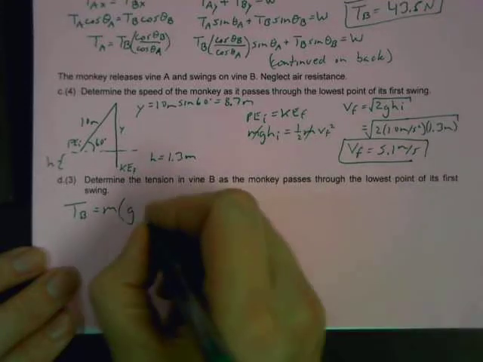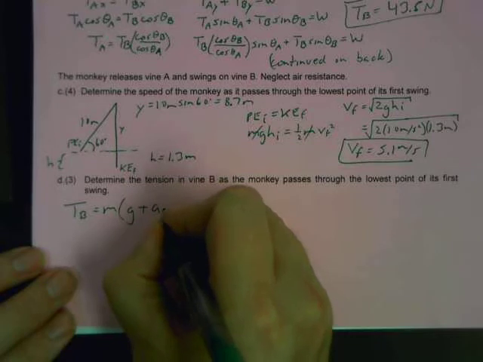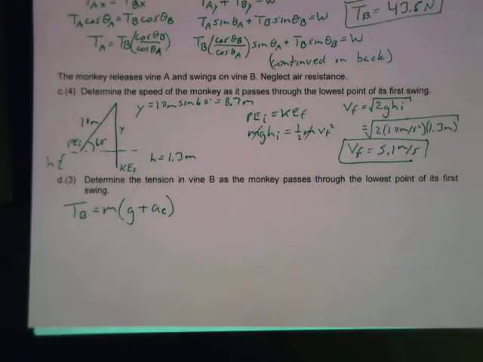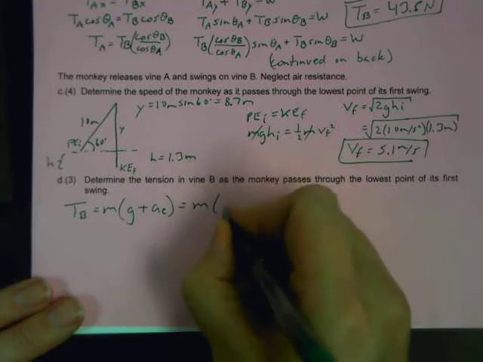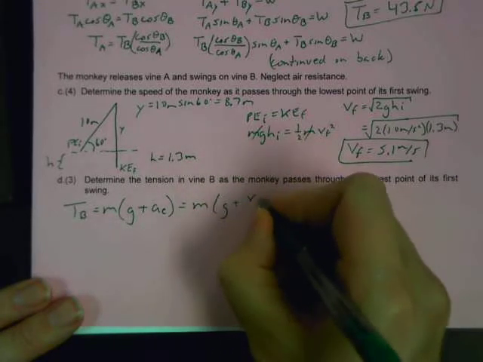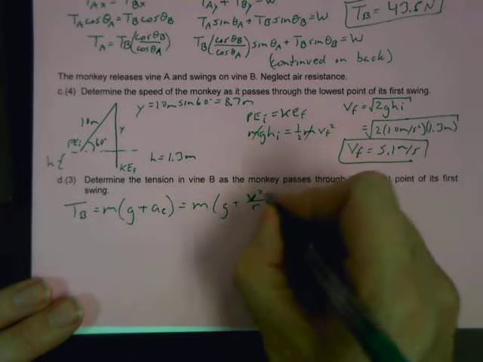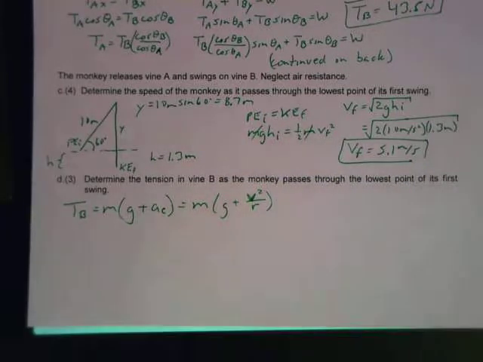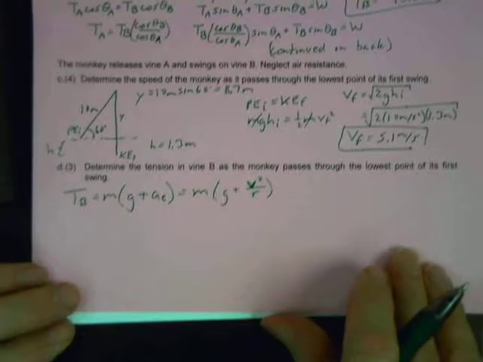You always feel heavier, so it's always plus the centripetal acceleration. So that means mass times g plus v squared over r. If you wanted to call that v final because it wasn't the last one, that would be fine, but it's not necessary. Just like I don't have to call this t sub b, I could just call it t.